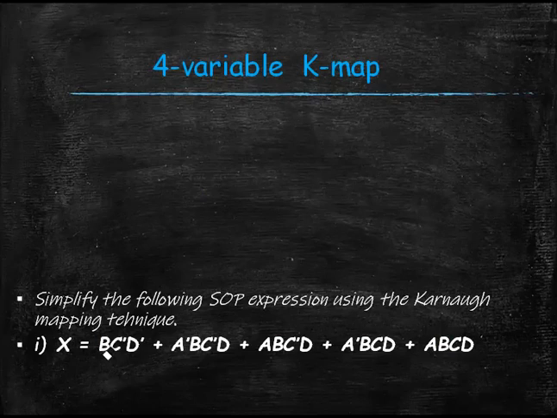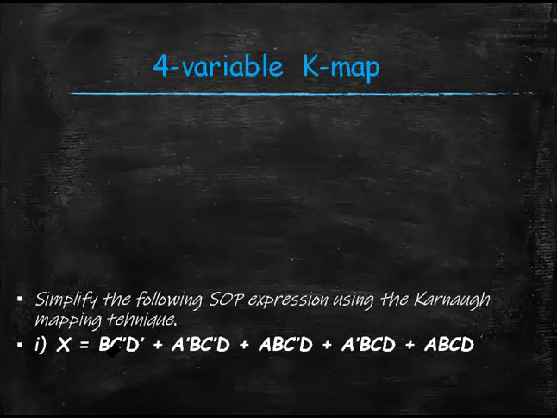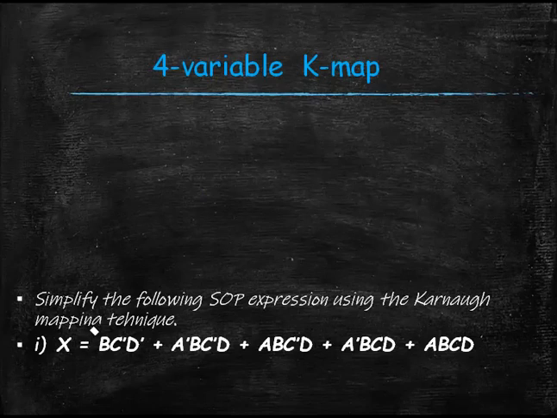Here it is a 4 variable map expression, but in the first term only 3 variables are seen. Then when we express this quantity, we look at B C bar D bar. We never consider A. A may be 0 or 1 whatsoever.